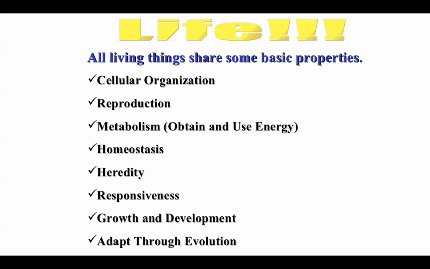Unicellular organisms have one cell, while multicellular organisms can have thousands and millions of cells. And again, that cellular organization is going to look different depending on the organism. Reproduction, we now understand that that's obviously a requirement for life across any species, and you've got to keep reproducing to keep that population strong, right? If not, we risk extinction.